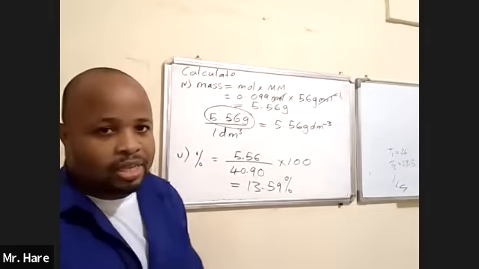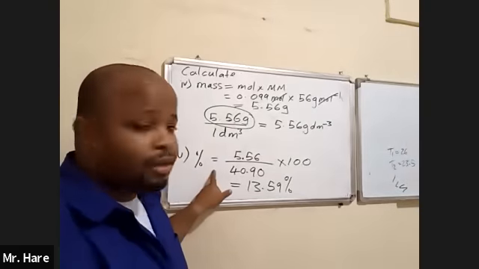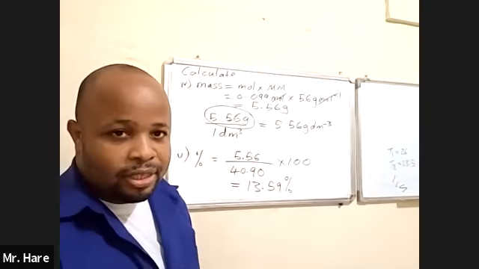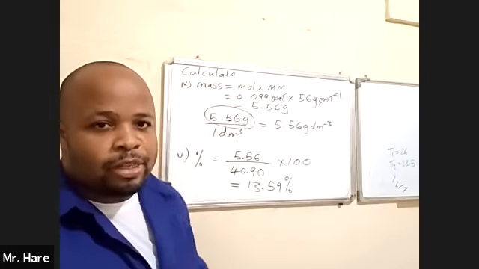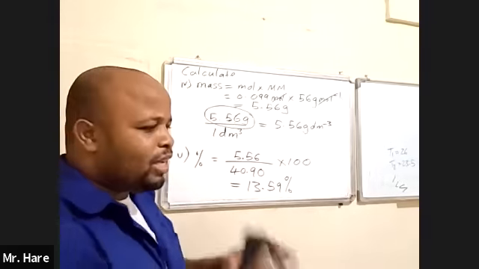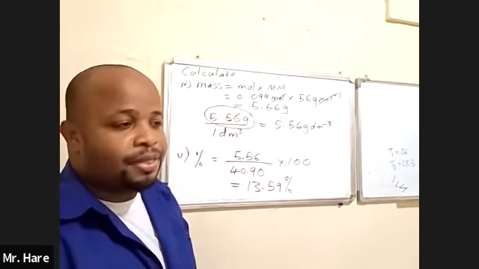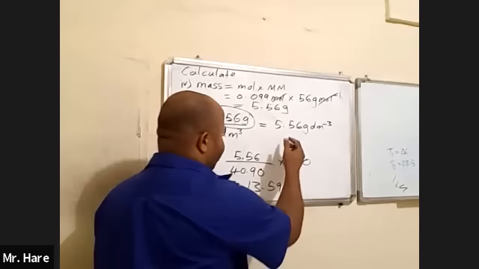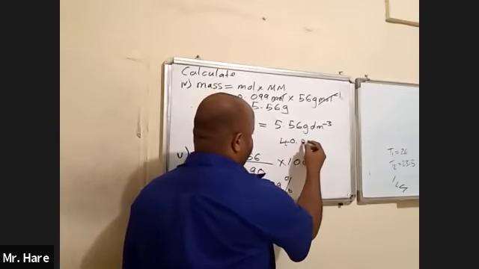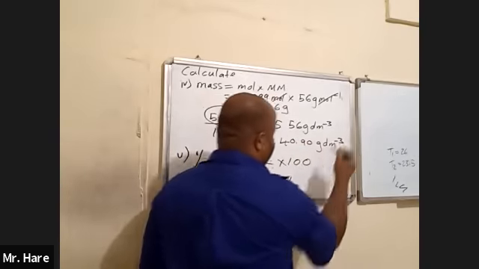The question had asked us to calculate the percentage of iron. To get the percentage, it's the mass of the iron Fe2 plus over the mass of the sample. But they did not give us the mass of the sample M. They gave us the mass concentration, which is 40.90 grams per dm cube.